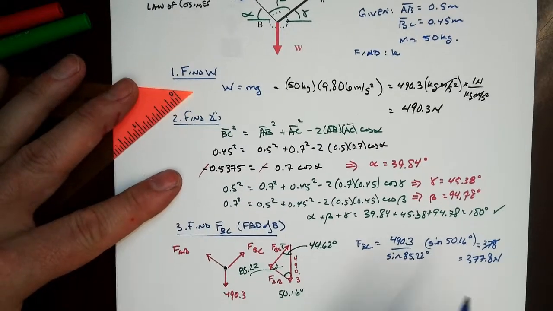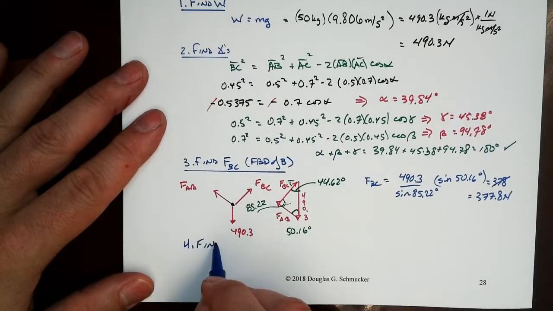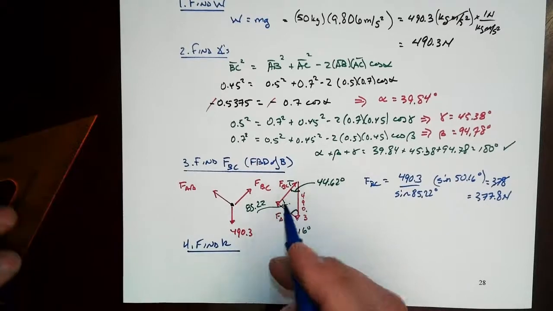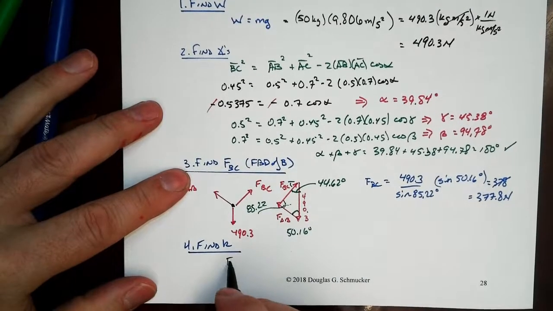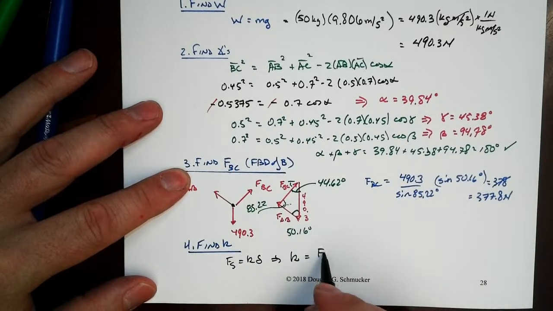And then finally, that allows us to find K, because we know from our model that Fs equals K delta, and therefore we've experimentally measured K as Fs over delta.